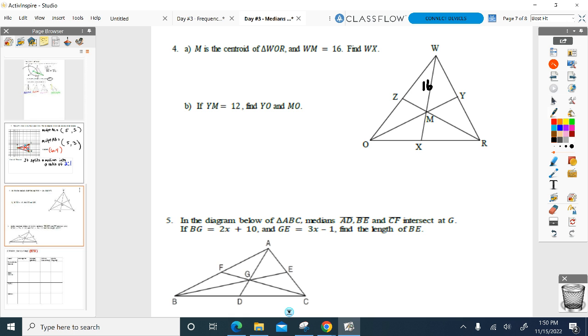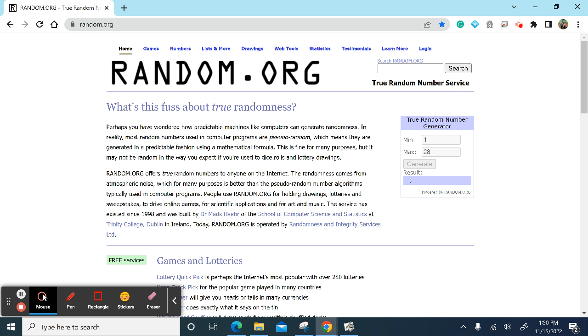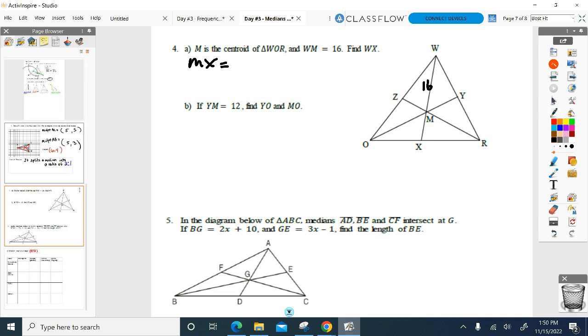Before I do WX, how about MX? I need that before I do that whole thing. How long's MX, based on this new 2 to 1 fact? 8. So WX, 16 and 8, 24.